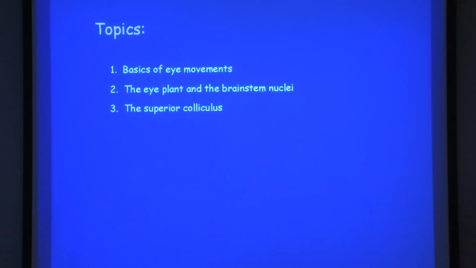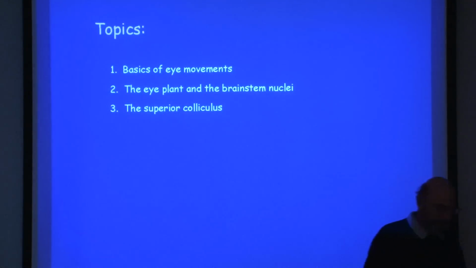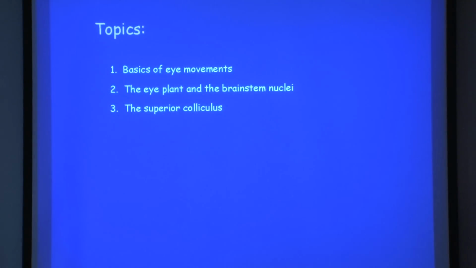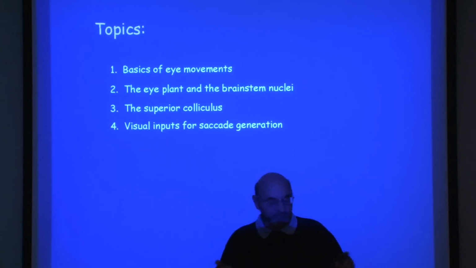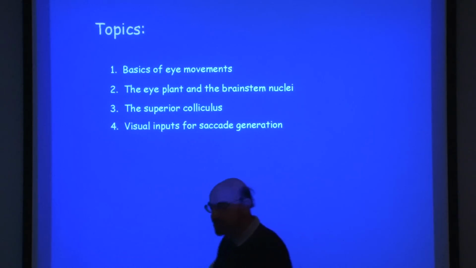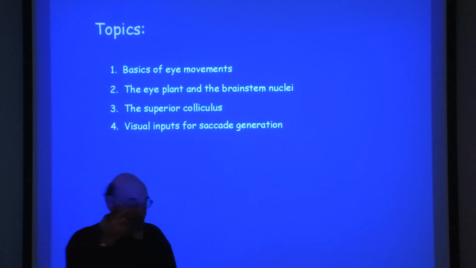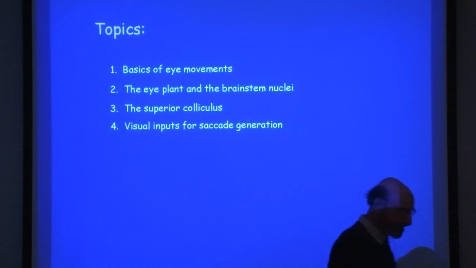Then we are going to look at an important structure in eye movement generation, called the Superior Colliculus, that we hadn't talked about yet. And then we are going to look at the visual inputs for saccade generation. We're going to examine what the various types of retinal ganglion cells do in eye movement generation. In particular, we're going to look at the midget and the parasol cells.